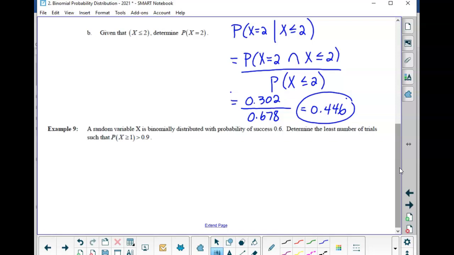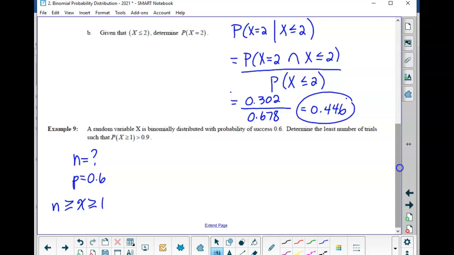Random variable x is binomial distributed with probability of success 0.6. Determine the least number of trials. So we don't know what n is. We know the probability is 0.6. And we want x to be greater than or equal to 1, obviously less than or equal to n, right? And that probability is greater than 0.9, okay?